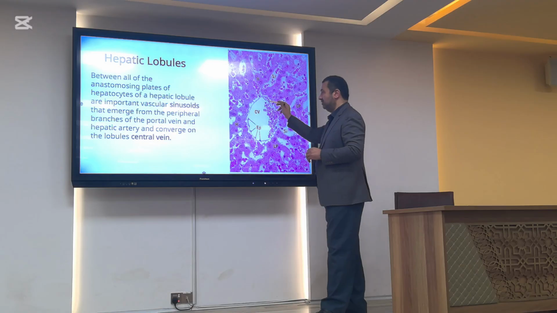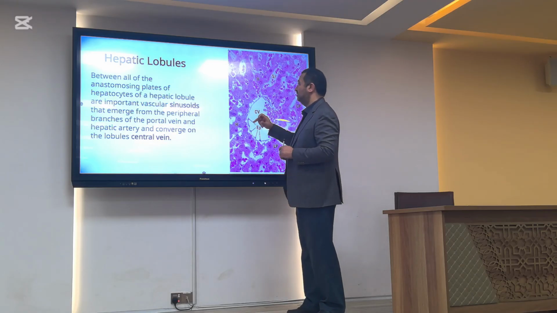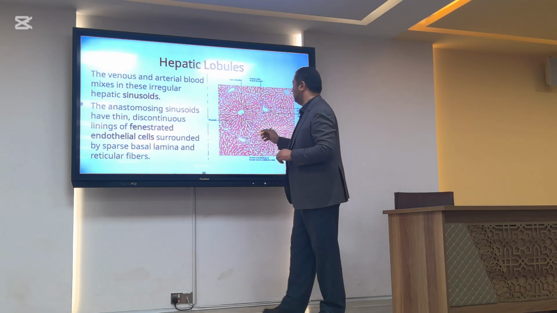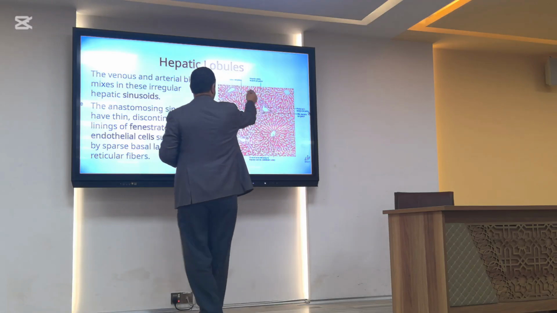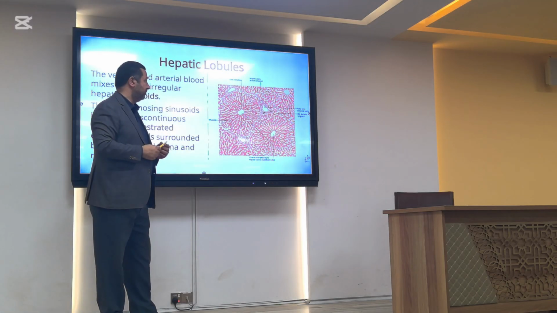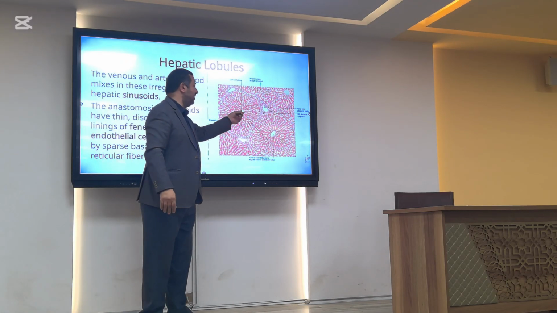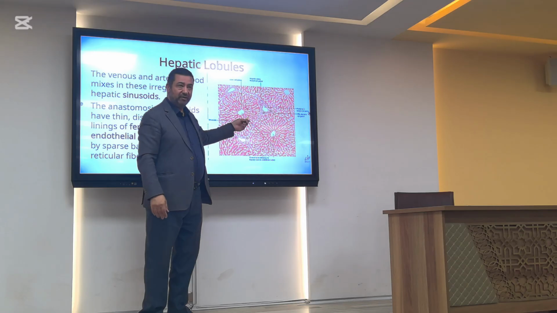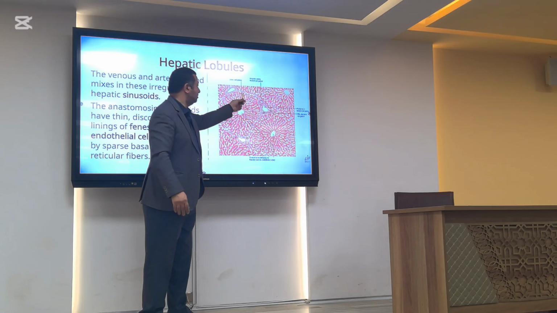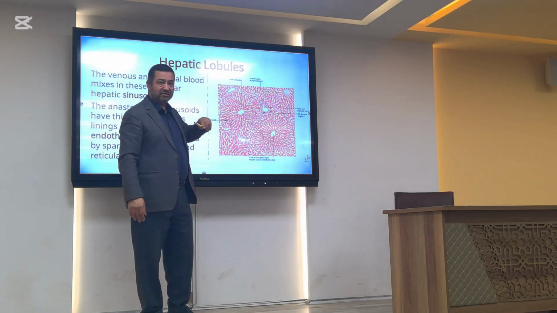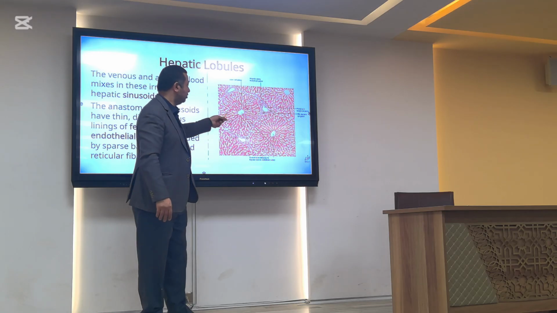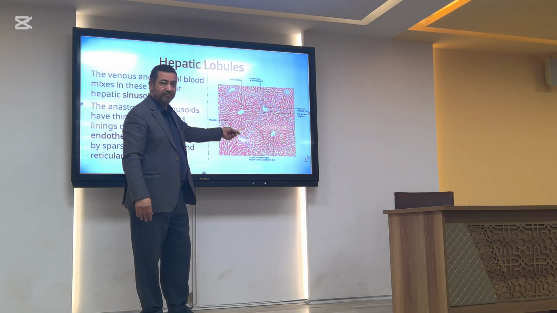This is in the center of the lobule. You see here, this is the classic lobule. This vein is the central vein. These are hepatocyte plates, and between them there are many sinusoids.